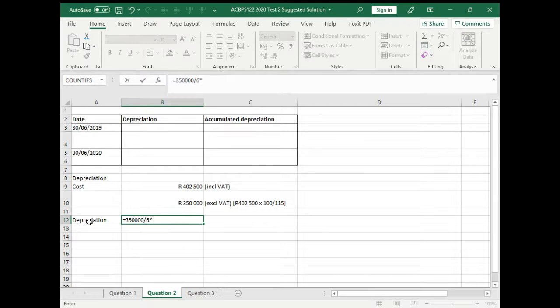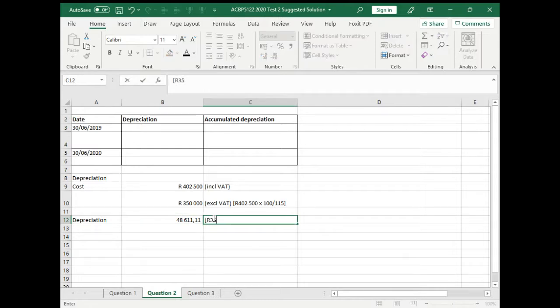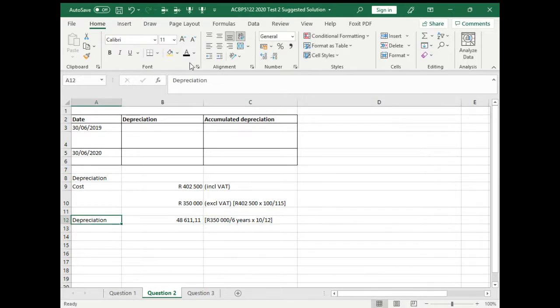And then we said we only use it for 10 months, so I multiply with 10 and divide by 12 to create a monthly amount. So it's the 350,000 divided by 6 years, multiplied with 10 over 12. Okay, so that's how you get to the depreciation for 2019.